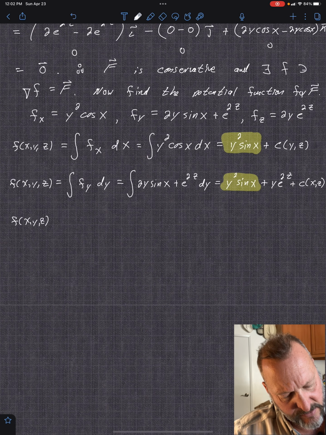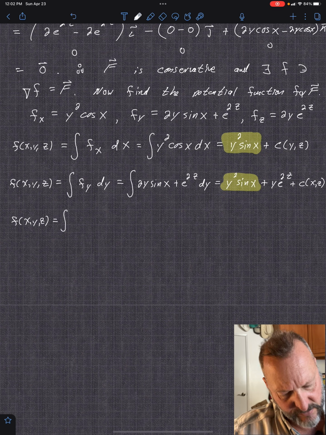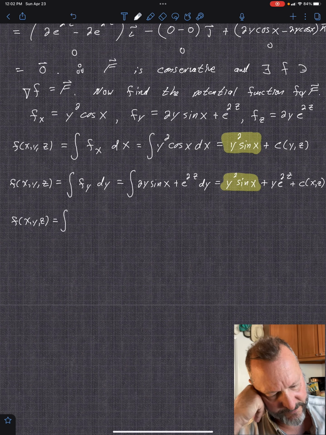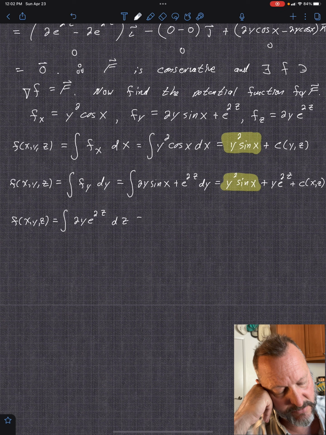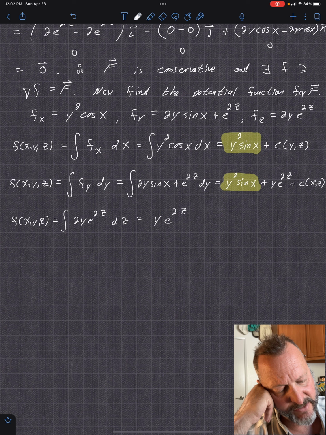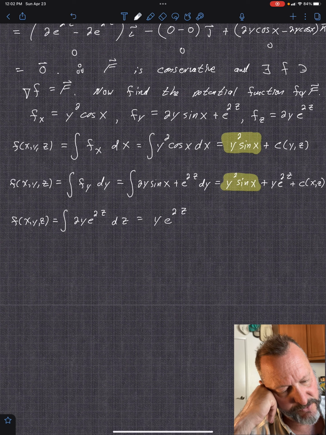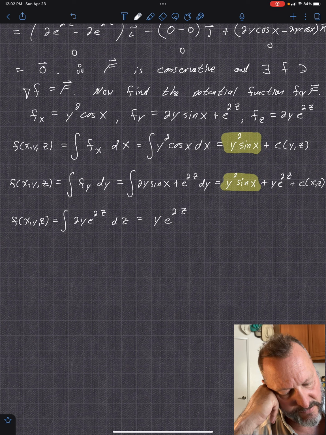f of x, y, z equals the integral of 2y e to the 2z. And it looks like that's all that's going to be is y e to the 2z. Wait, I did something wrong.